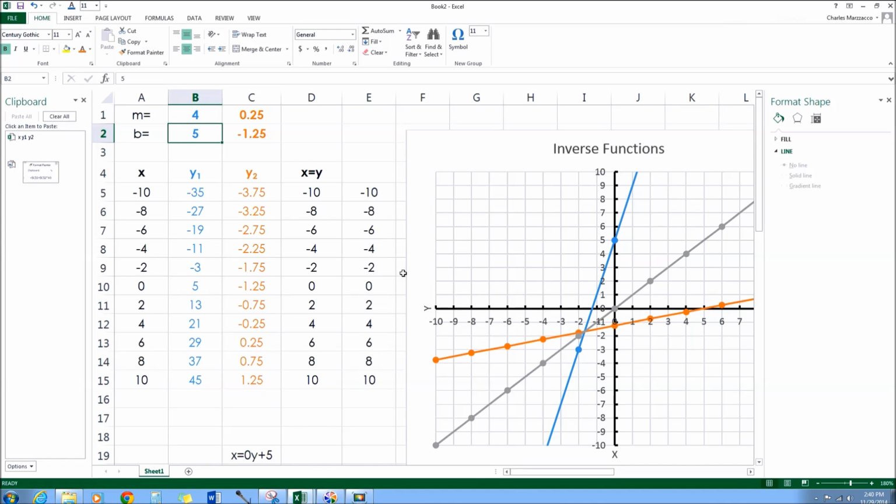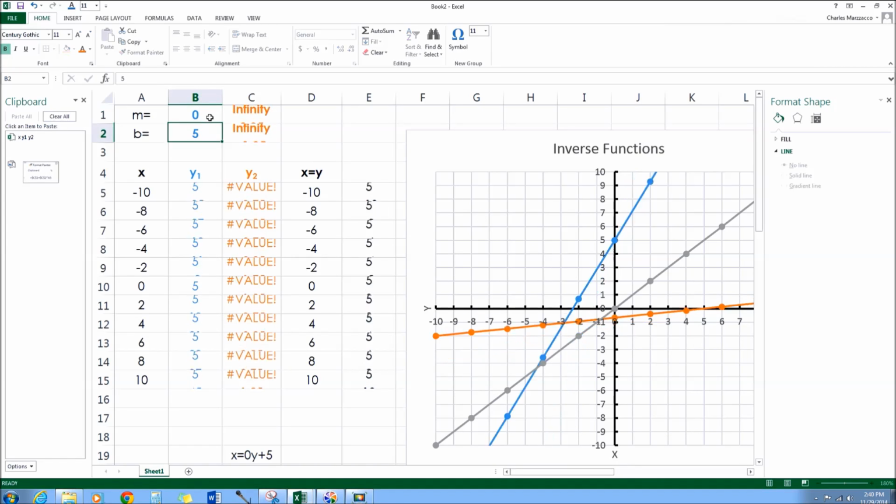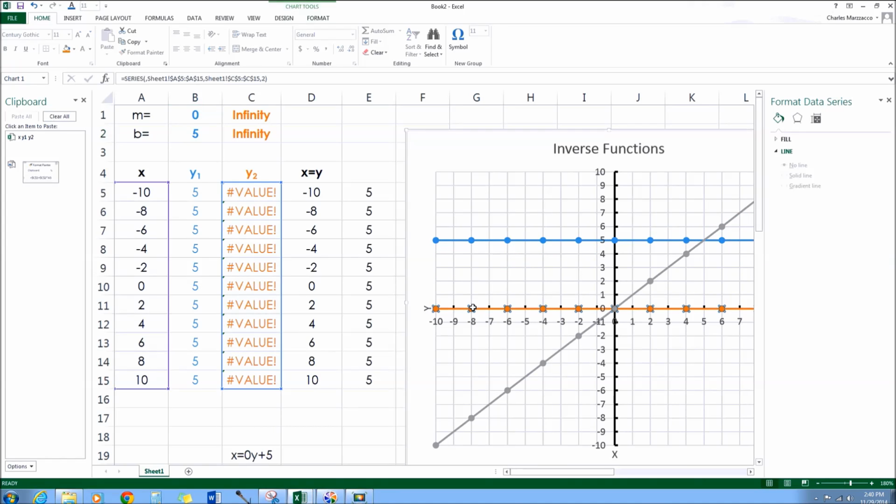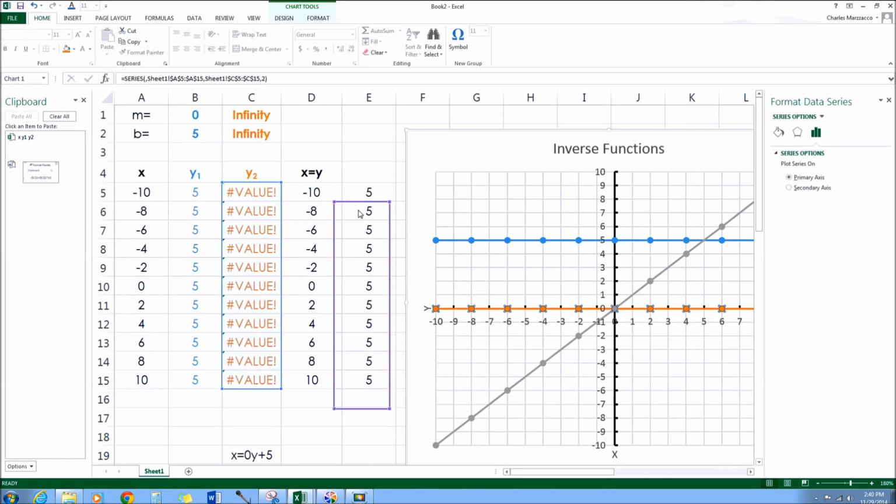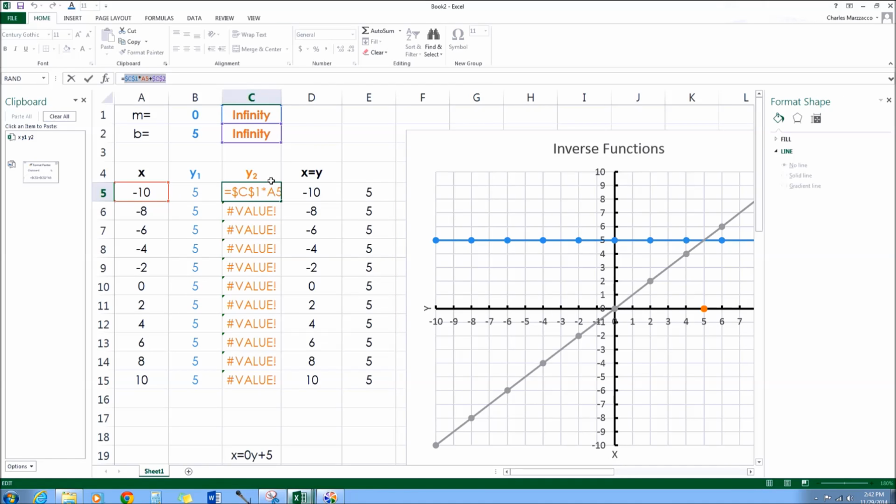Yeah, this works, but this line still doesn't work when it's 0. So we click on this line and we take these X values from over here and stick them over there. Okay. So now we just need to use another if-then statement.